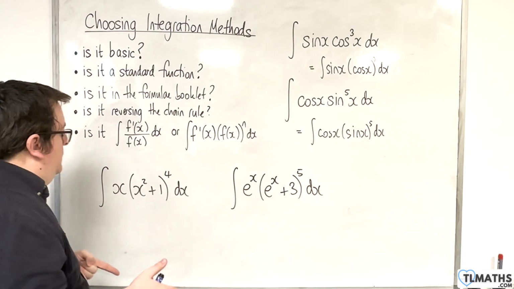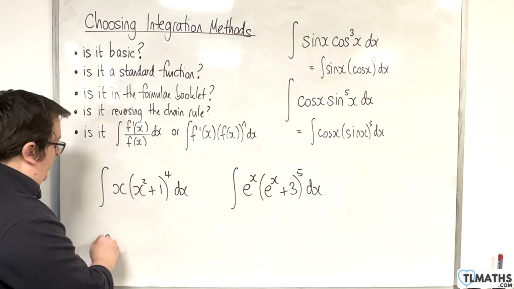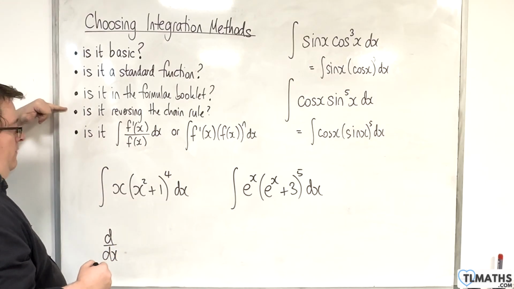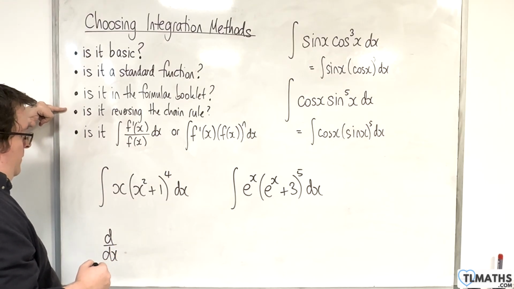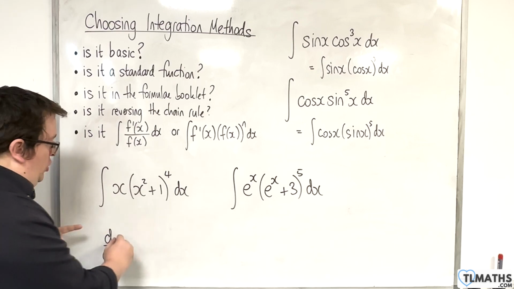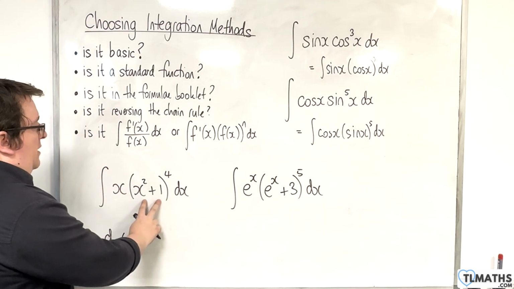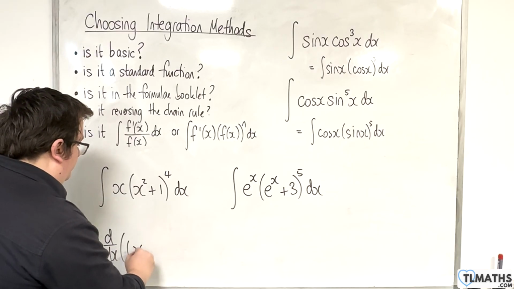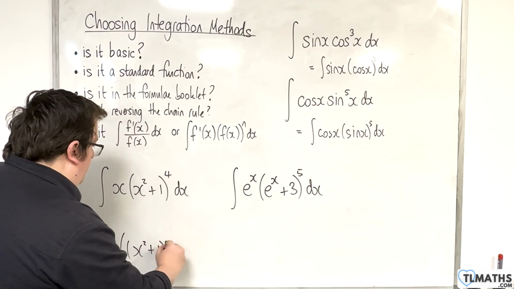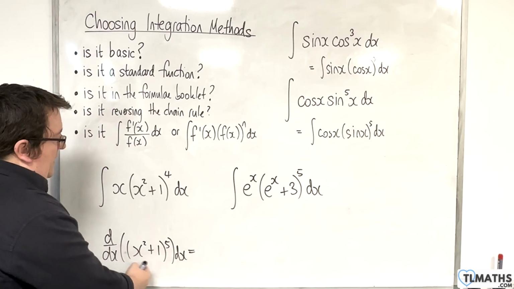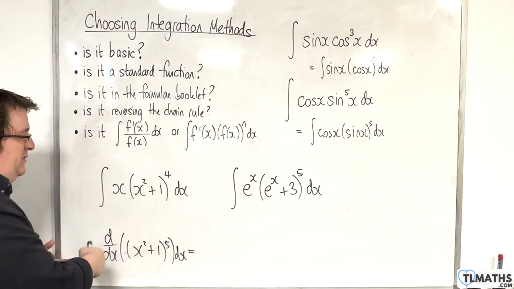Alternatively, you can think of this in the same way as we reversed the chain rule before. So if you go back to when we did this bit, right at the start, if you differentiate what you're expecting to find, so we think it's going to be x squared plus 1 to the 5, some multiple of this. You differentiate that. The derivative of the inside is 2x. The 5 comes down to the front.